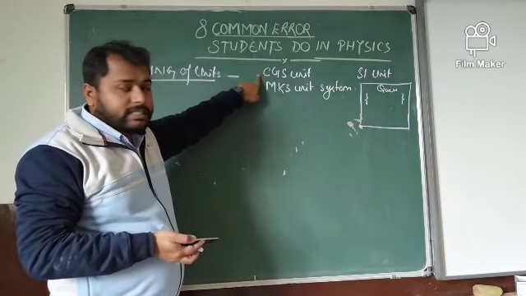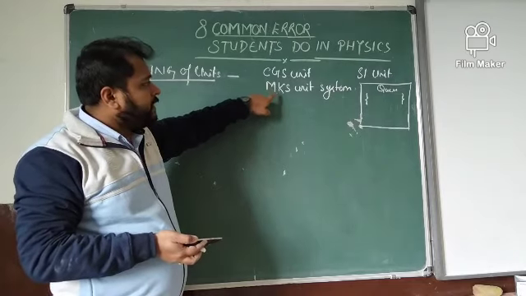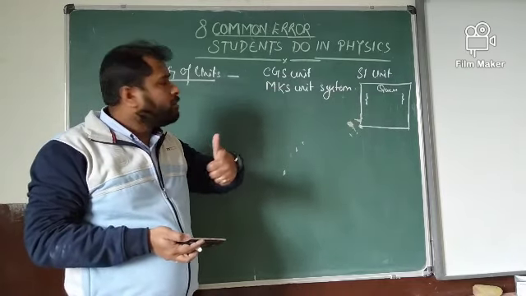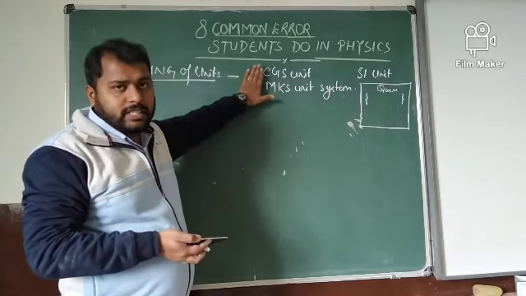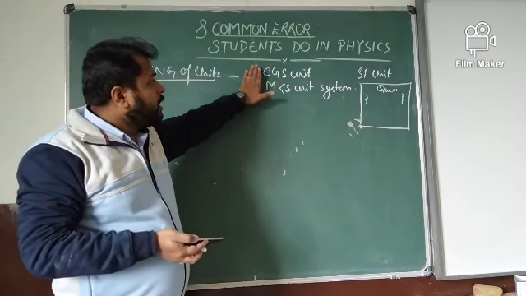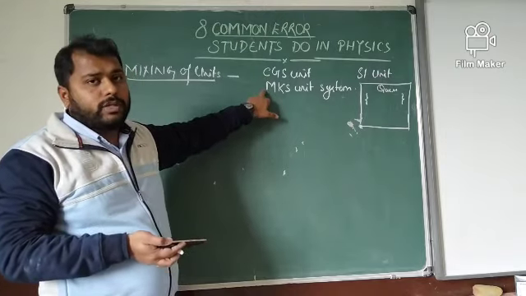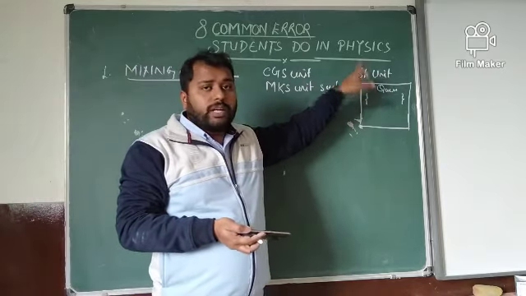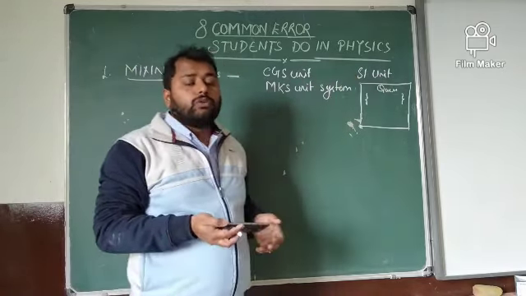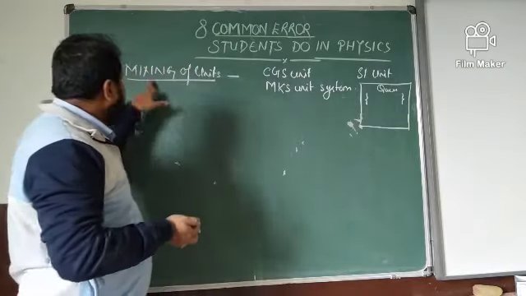Check whether that unit is CGS or MKS. If it is MKS, that's good, go for it. But if the CGS unit is given to you, you are supposed to convert it into the MKS unit. That's why the SI unit has been generated all over the world, so that no confusion of units can take place.